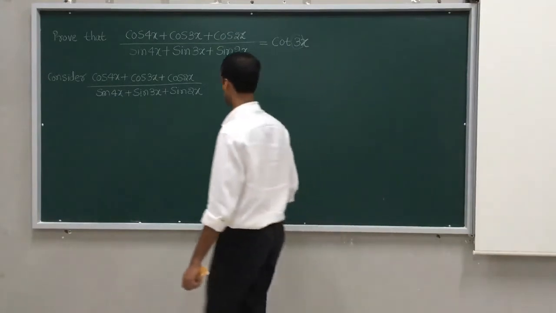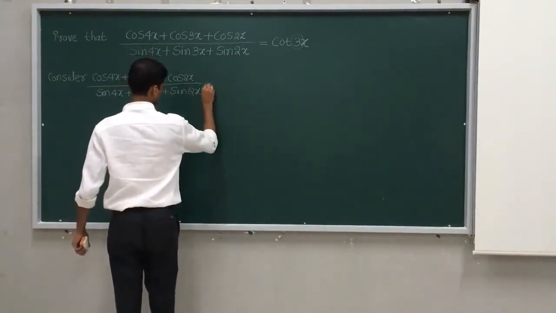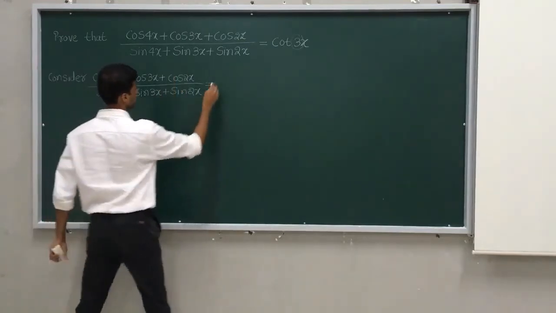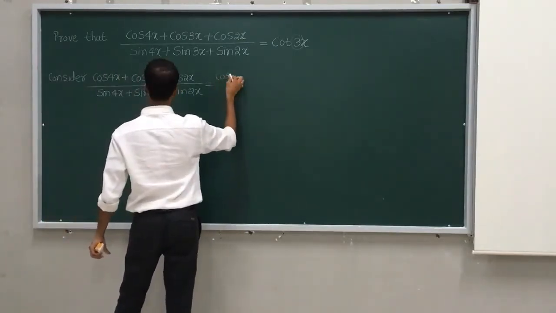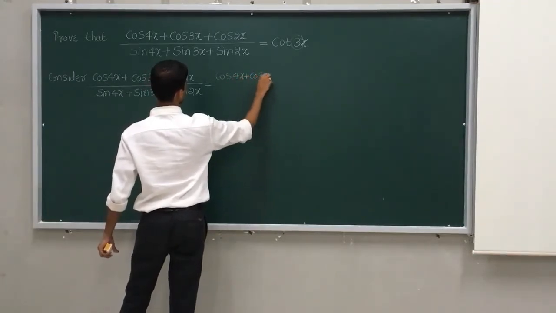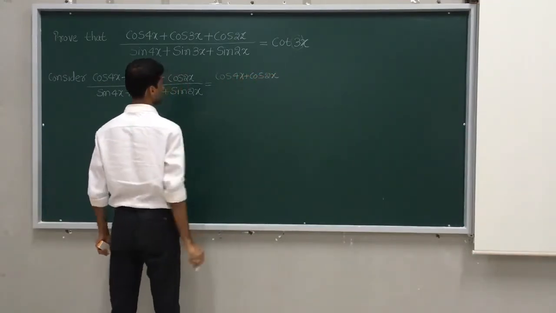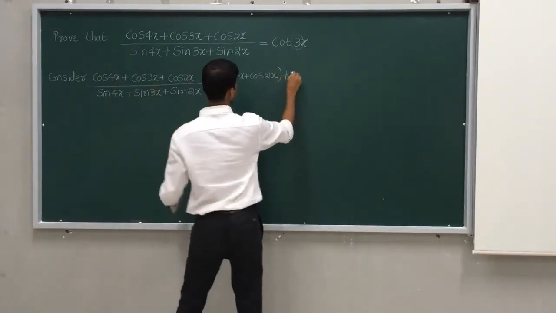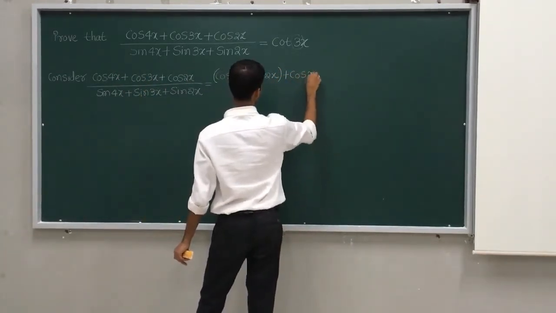Now what we will do here is take these two terms together, that is cos 4x plus cos 2x, and make this one group. I will leave the other term as it is.